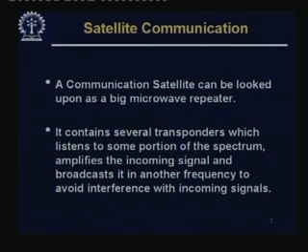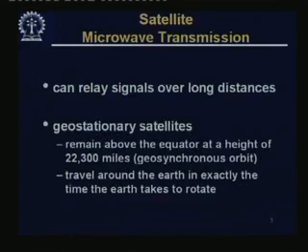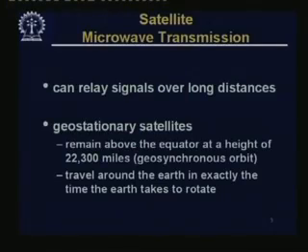So, satellites are of course up there in space. It takes the incoming signal, amplifies it, and broadcasts it back. It has to broadcast in a different frequency, so as to avoid interference with the incoming signals. So, this can relay signals over long distances.